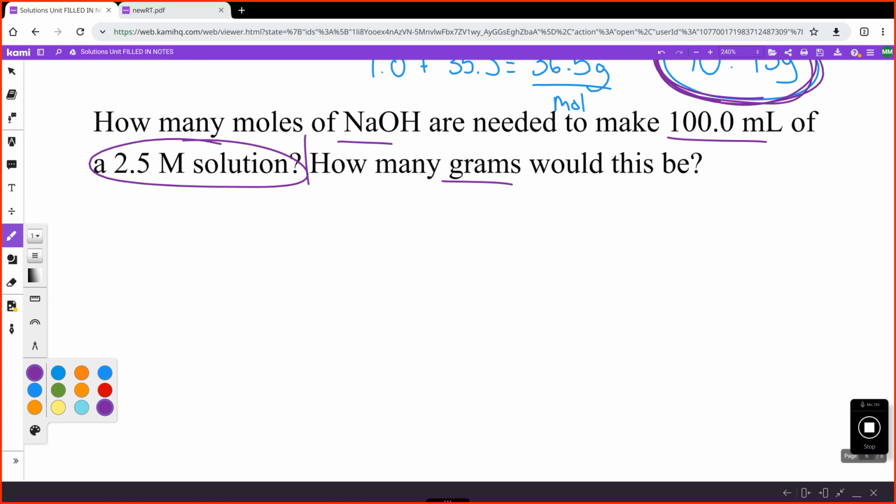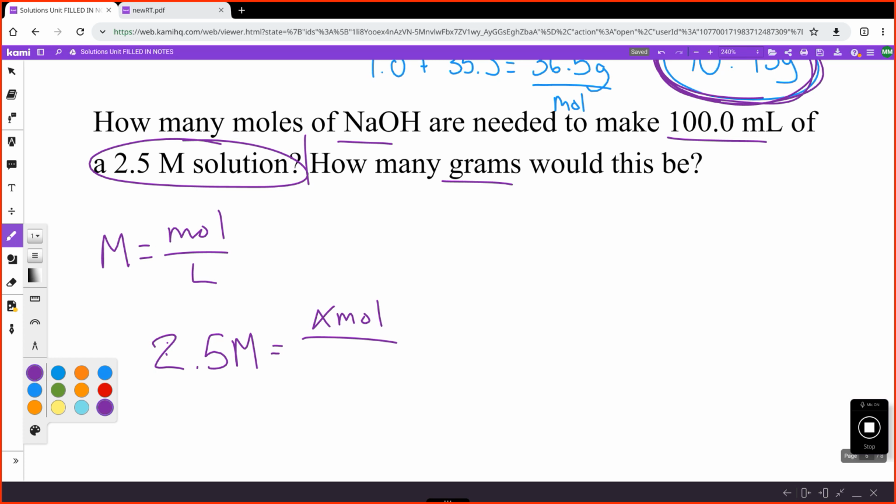So let's do it step by step. The first question asks for how many moles. I know that molarity is moles over liters. So taking the information from the question and plugging it in, 2.5 molarity equals X amount of moles over 0.1 liter.